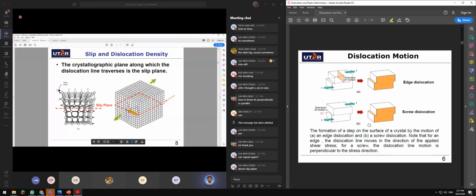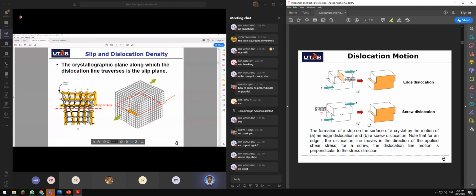Above the slip plane, you have a compressive force. Those atoms are experiencing compressive force. Below the slip plane, the atoms are experiencing tensile force. I'll explain to you later.